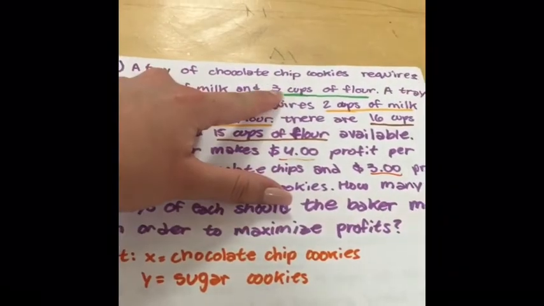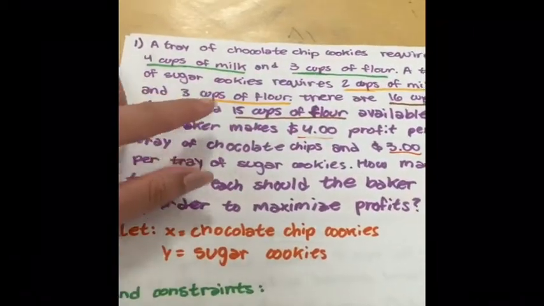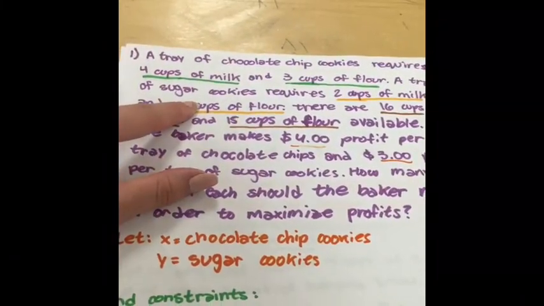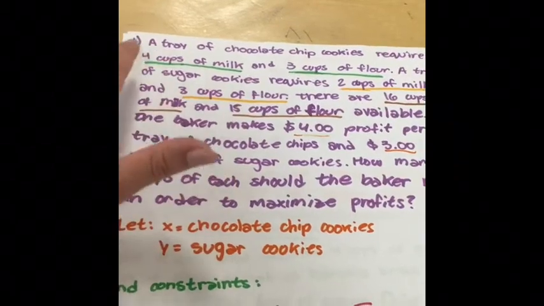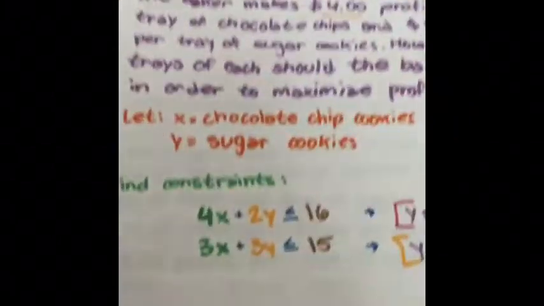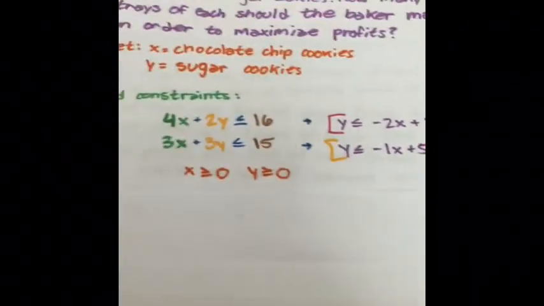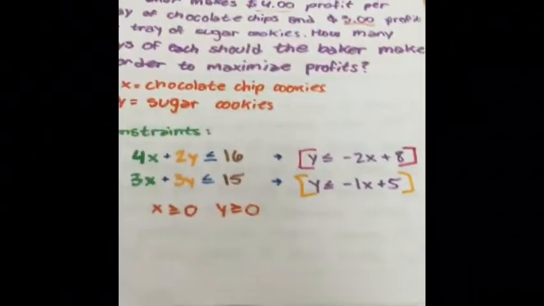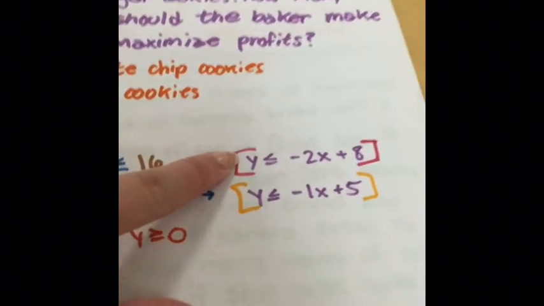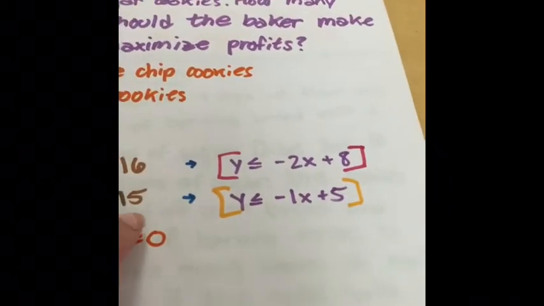And then you have 3x because of 3 cups of flour, then 3y because of 3 cups of flour for this one, and then the most you have is 15 cups, so this would be your equation. Then you want to simplify your equations and substitute them into each other. So those are your 2 equations.